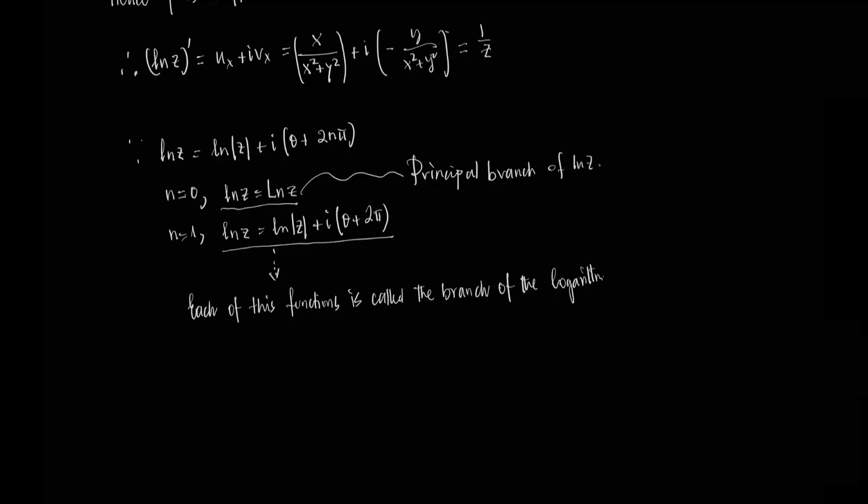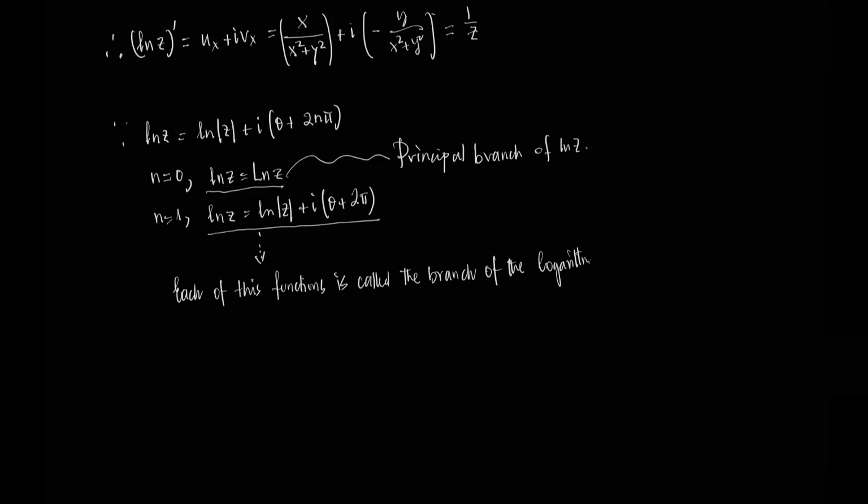So of course, for n equals 0, whatever the principal log is, that is your principal branch, and everything else is called the other branches of logarithm. Okay. Now you do realize that this particular axis is a problematic axis, right?